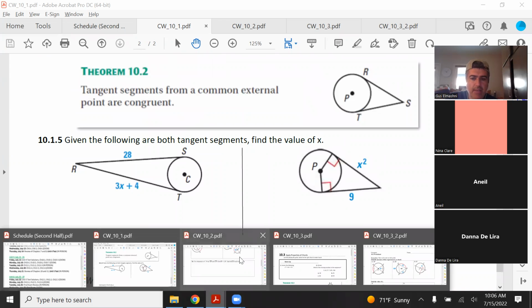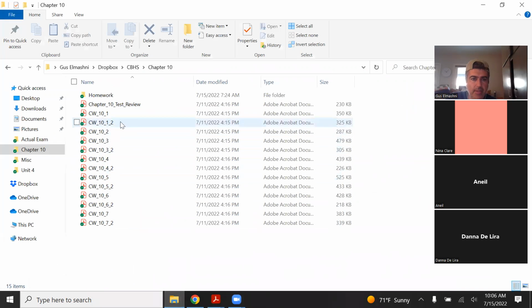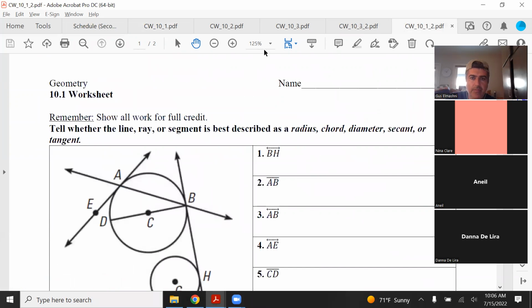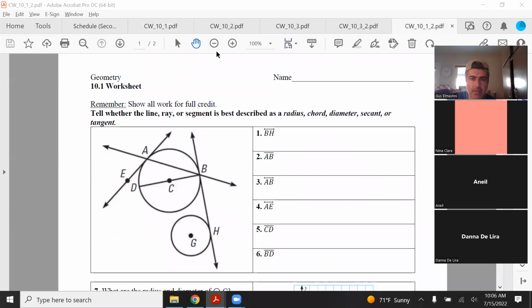So now you guys have a worksheet on 10.1 that I'd like you to work on. I'll put you in breakout rooms again. For numbers 1 through 6, you're asked to label whether it's a radius, chord, diameter, secant, or tangent.